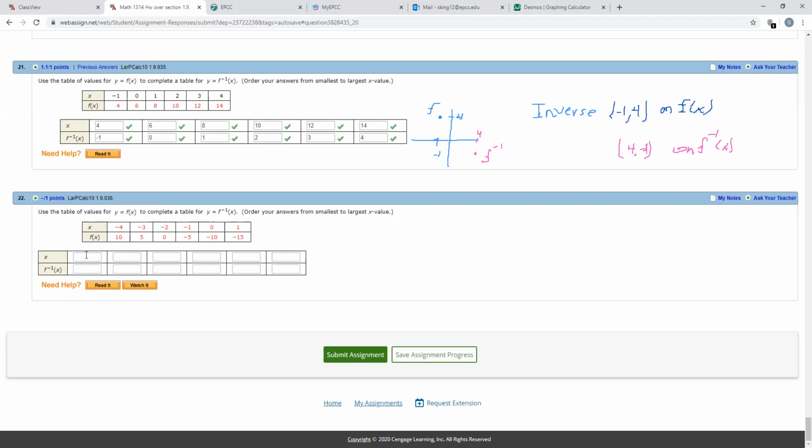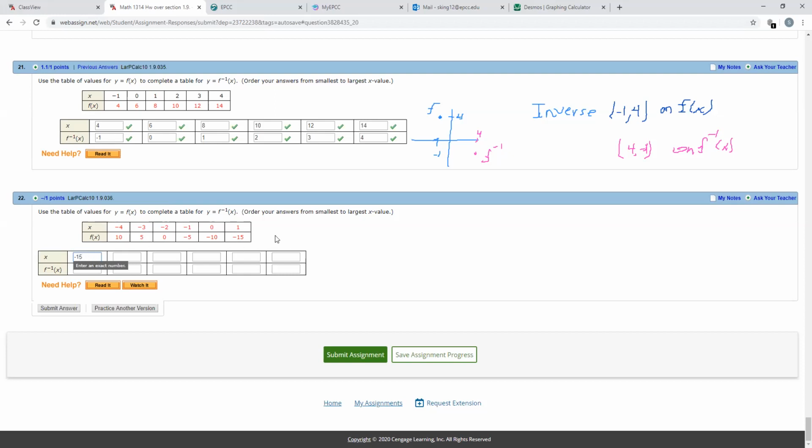So we're supposed to write the smallest x value that we're going to get from all these points after you invert them. So if we look here, the current y values are here. When you invert them, they're going to become x values. And since this is the smallest number right here of all these y values, then we're going to have to write that one first, according to the directions.